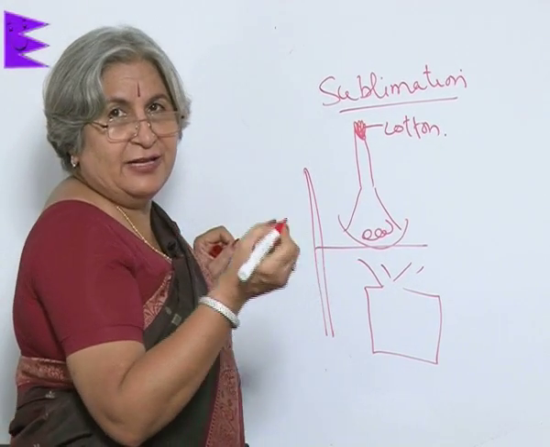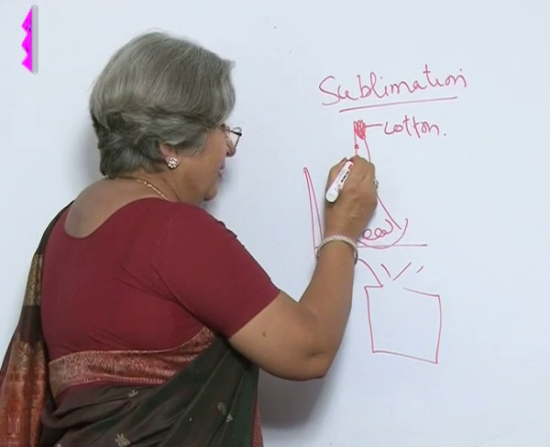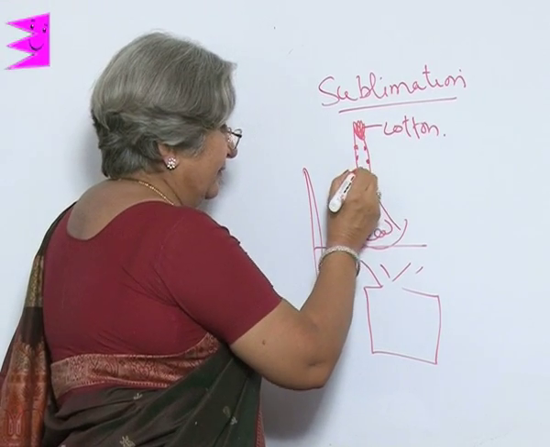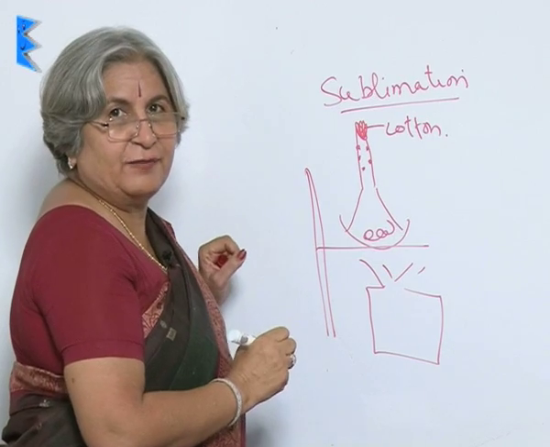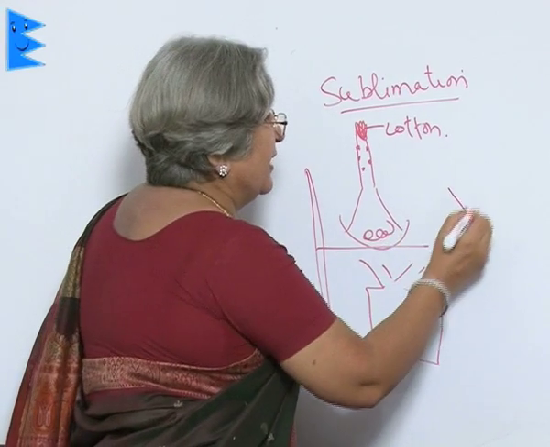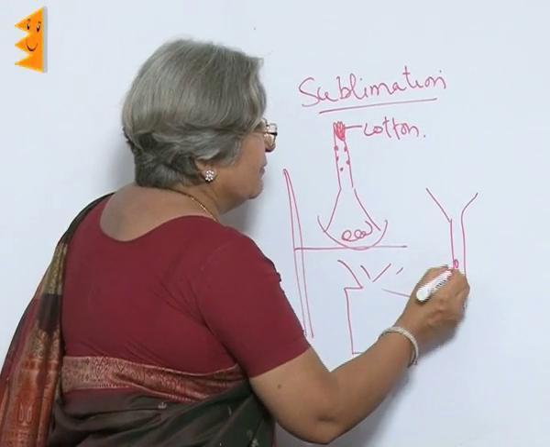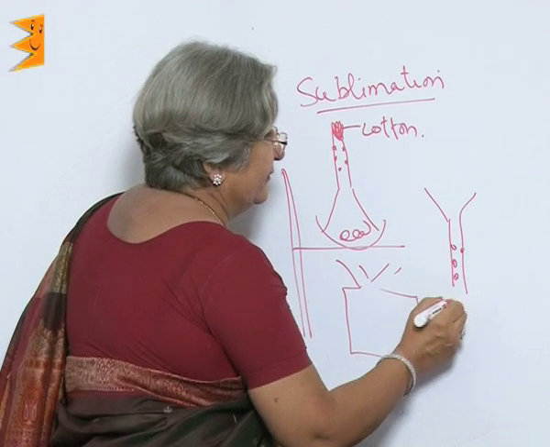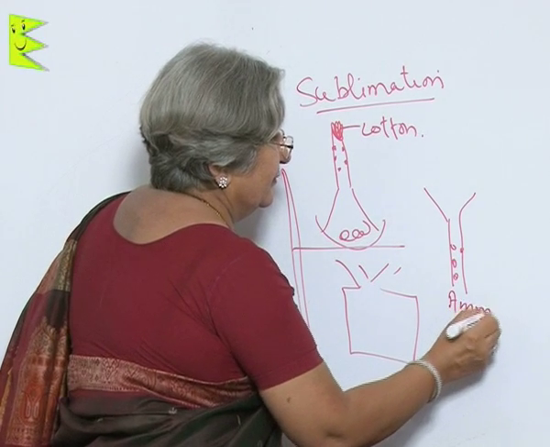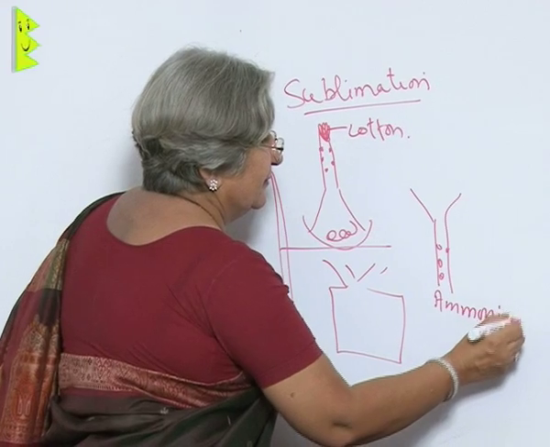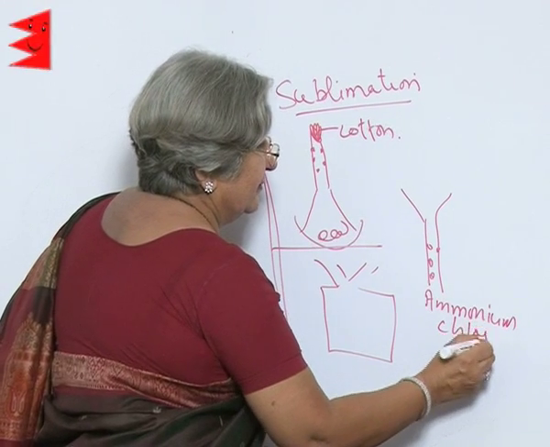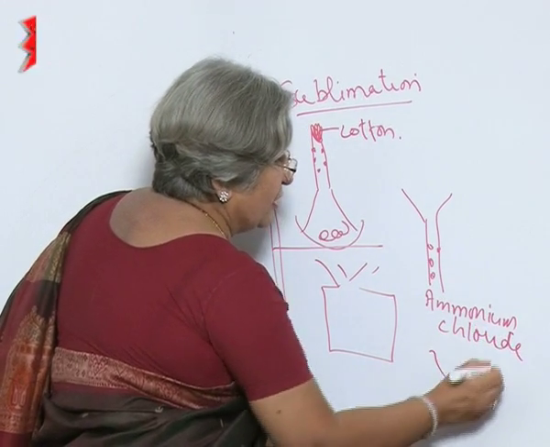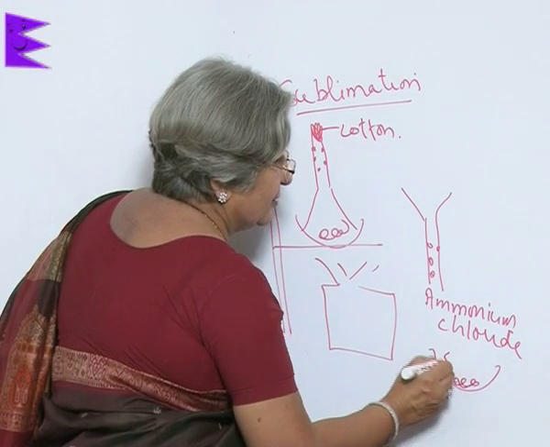Ammonium chloride will sublime and will be on the neck, and salt will be left behind. So, when you remove the funnel, this is where you will get ammonium chloride. And in the watch glass will be salt.